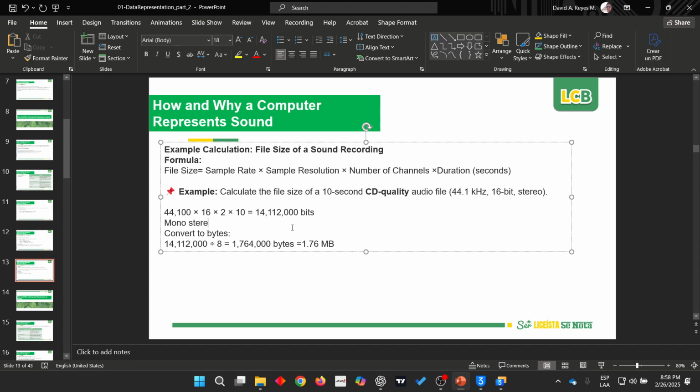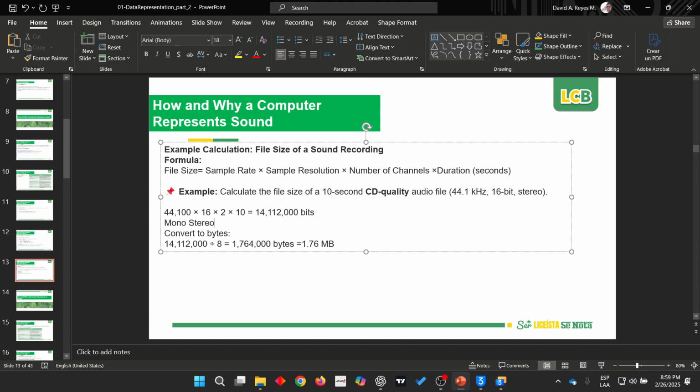What does that mean? Let's suppose that you have two speakers, left and right. Mono means that in both speakers, you are going to listen to the same thing. Stereo means that in one speaker you are going to listen to something different from what is playing in the other speaker.